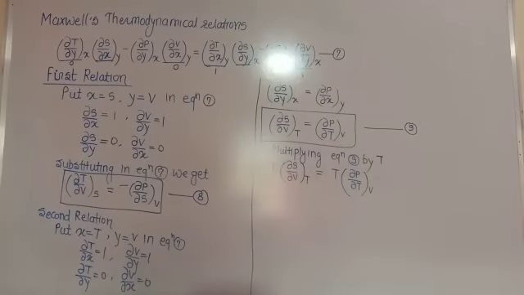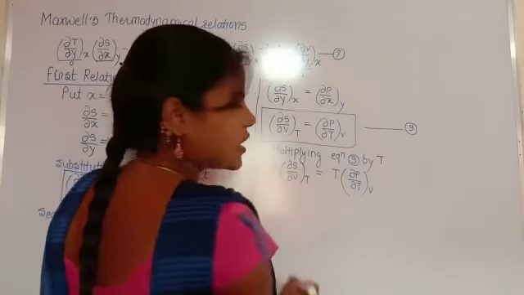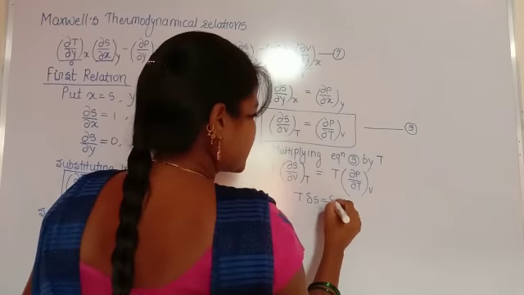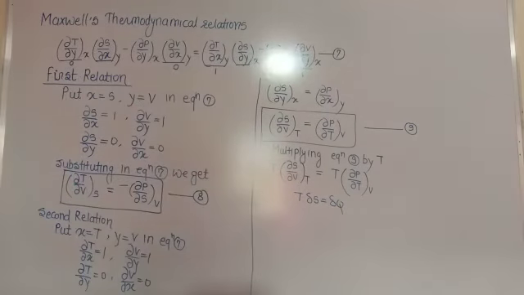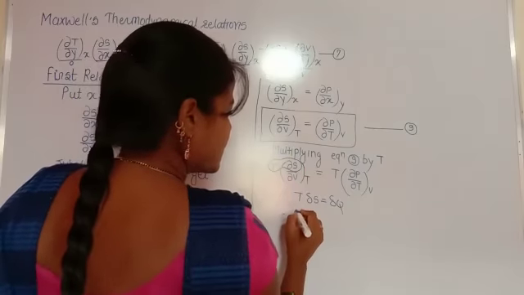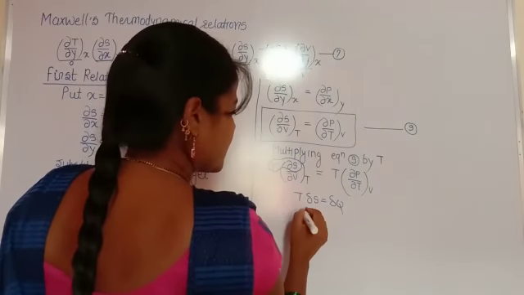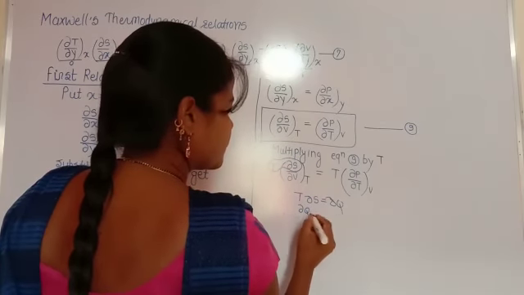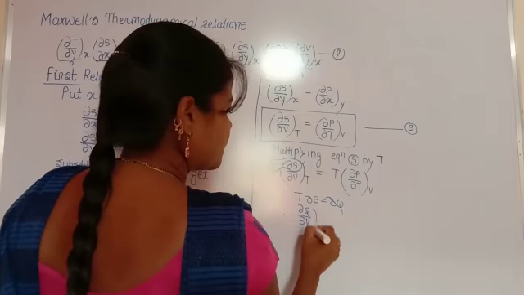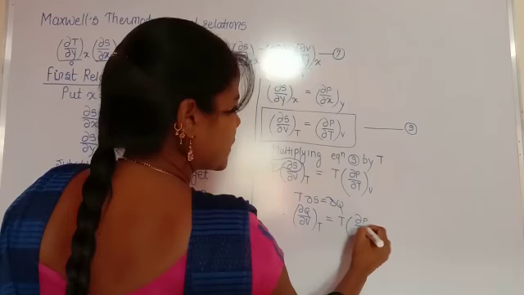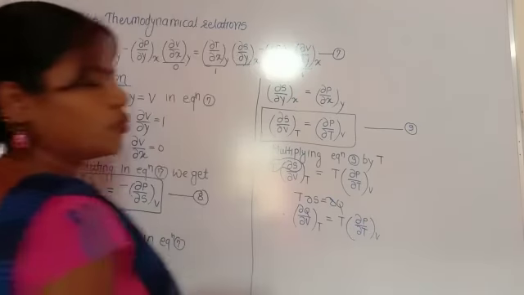And we know, according to the second thermodynamic equation, that T into delta S is equal to delta Q. So put this value in that equation, this is T delta S. So we write delta Q divided by delta V at constant temperature is equal to T into delta P by delta T at constant volume.